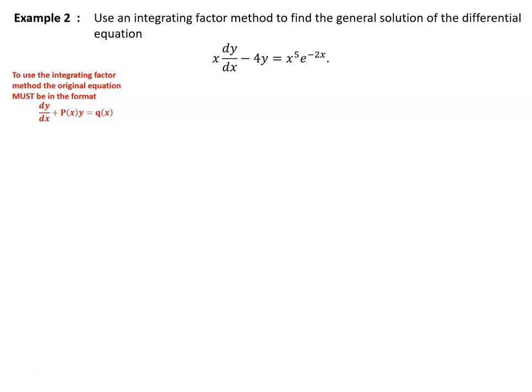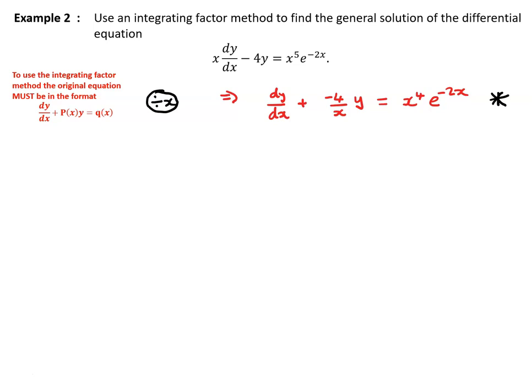Now, if we're going to do that, we're going to need to do a little bit of rearrangement. So we need to divide through by x first of all. So we get dy/dx plus minus 4 over x times y equals x to the 4 e to the minus 2x.